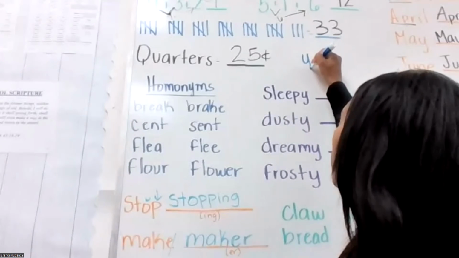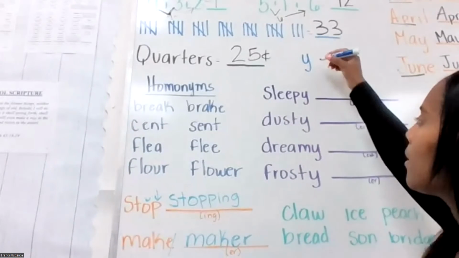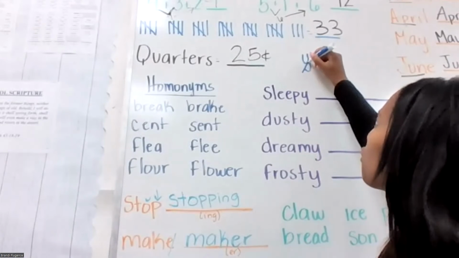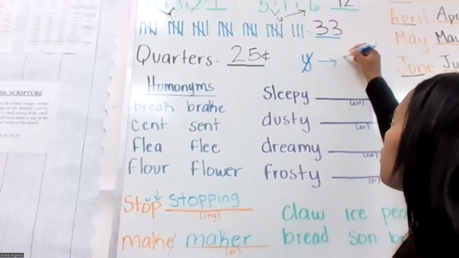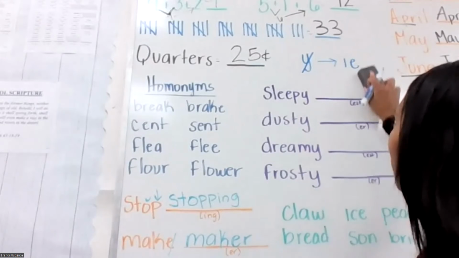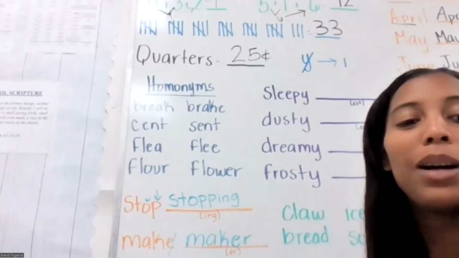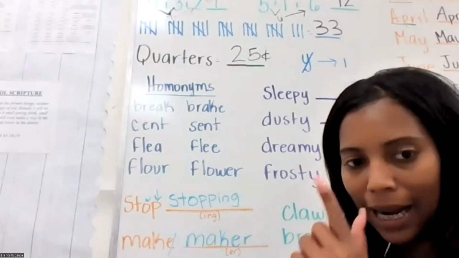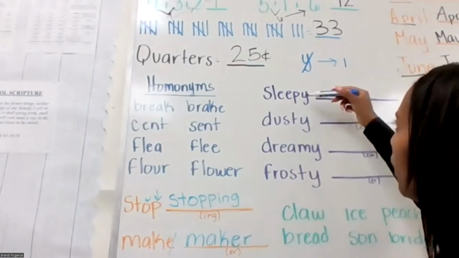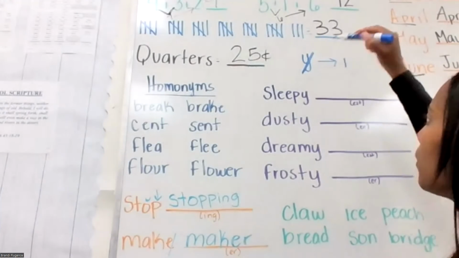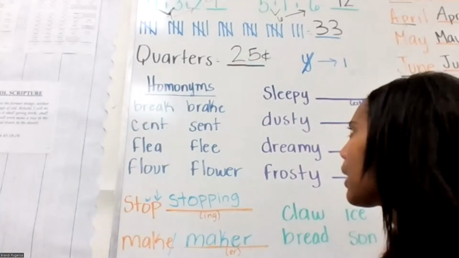The rule is whenever your root word ends with a Y, you drop the Y and change it into I. I'm sorry, not I-E, that's something else. You change it into I. So anytime your root word ends with a Y, you take away that Y and turn it into an I.